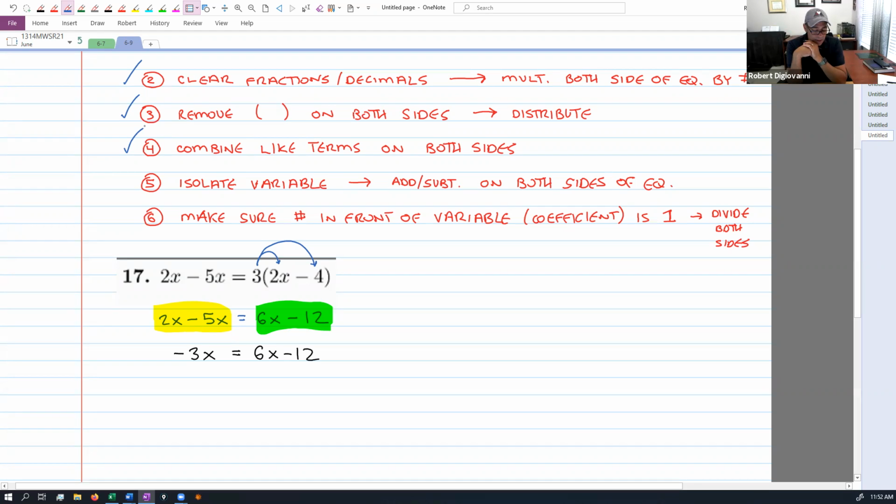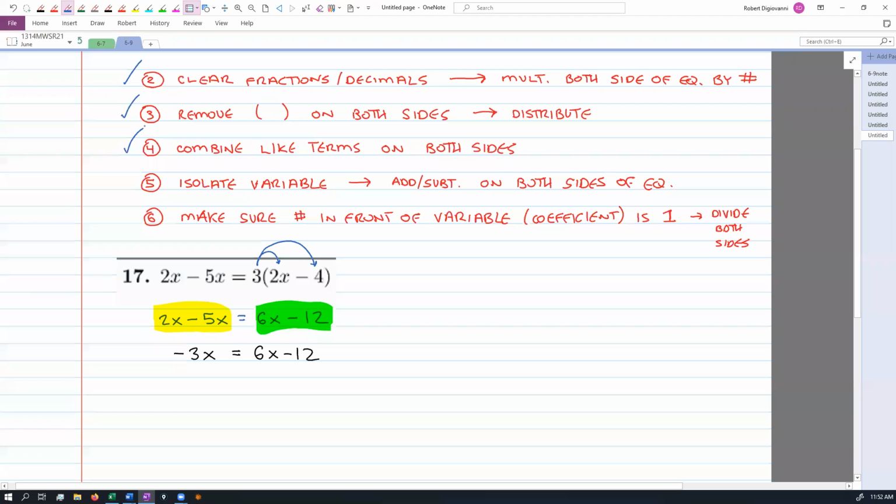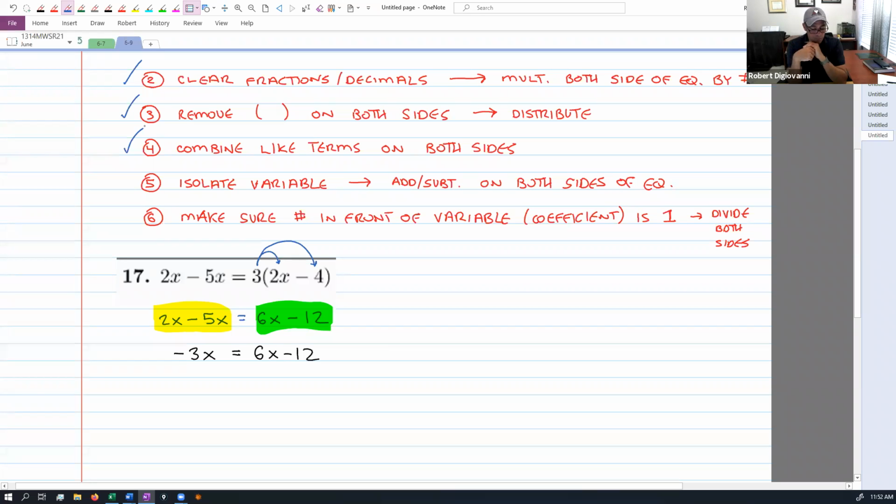So when you look at these, what do you think would be the easiest way to get your x's onto one side? What would you do? I would move the 3x over to the right side, because when you move it over, it becomes plus 3x, and 6 plus 3 is easier to add to me. Okay. So you want me to do what to both sides right now?